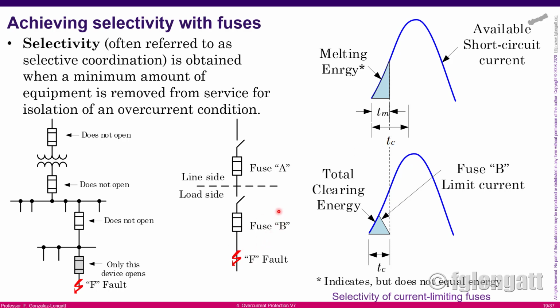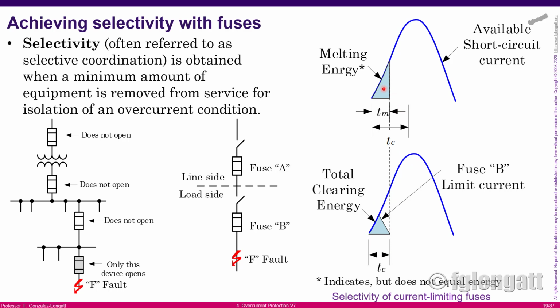What we want is that this fuse opens first and then this one. To do so, we define a clearing time that is a characteristic of this fuse. But the clearing time of the upstream fuse must be bigger in order to allow fuse B to open first.